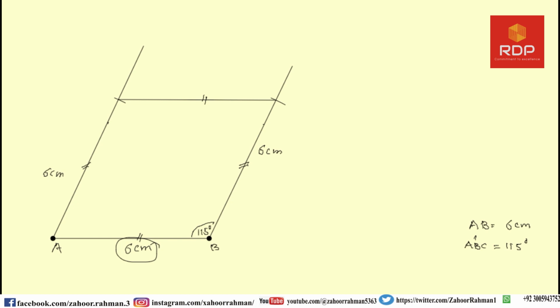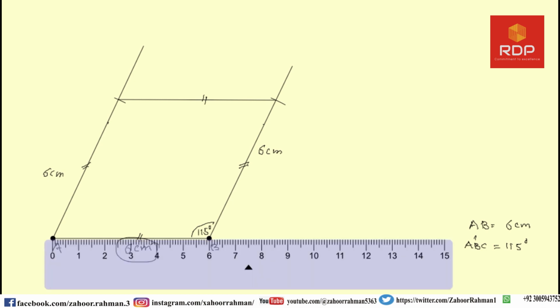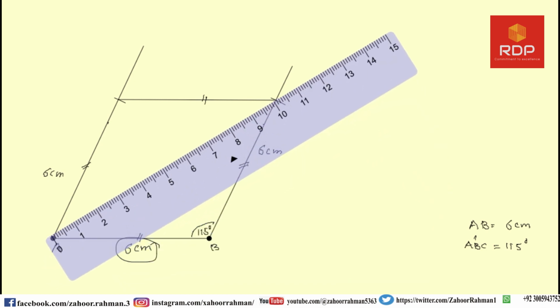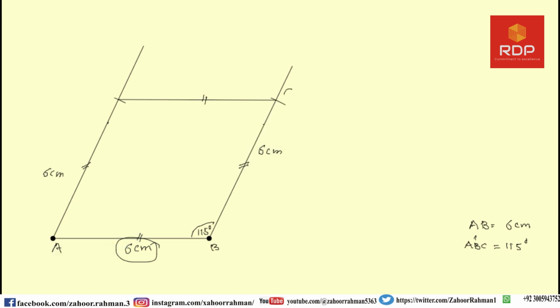Now the question says, measure and write down the length of each of the two diagonals. So let us first measure this diagonal, and that is 10 centimeter. Let me label it as A, B, C and D. So AC is equal to 10 centimeter, and let us measure BD.